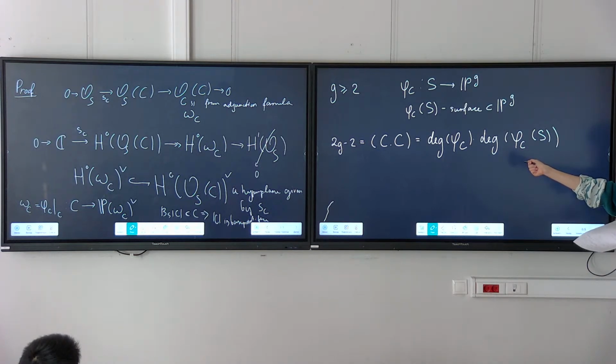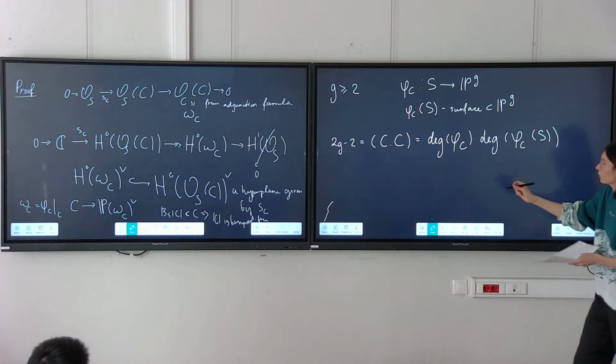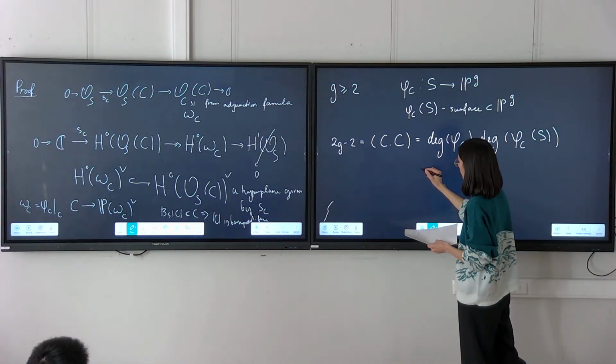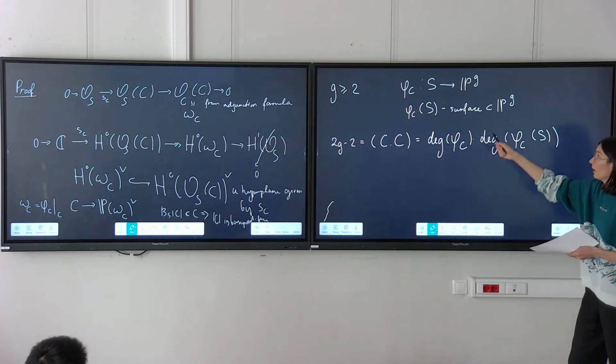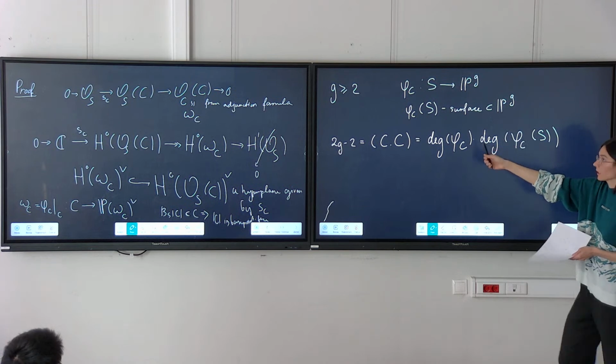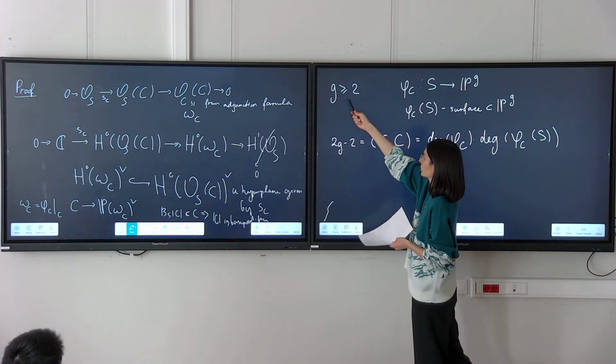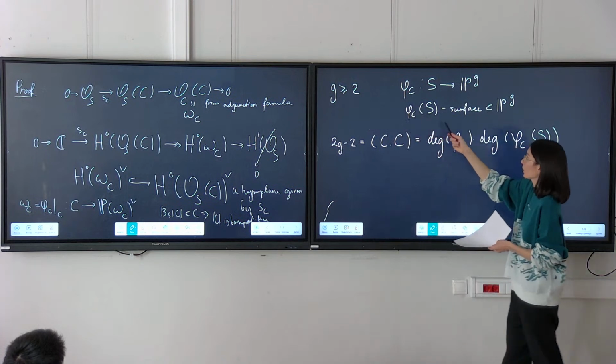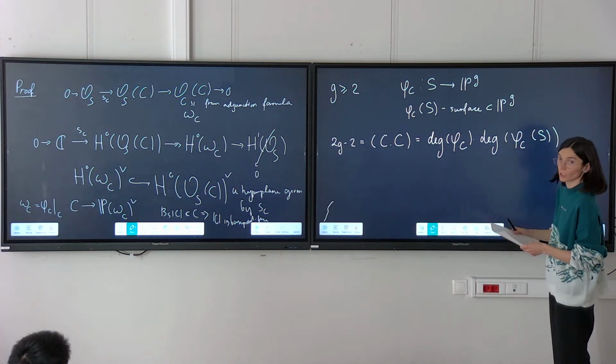Is the second line adjunction? What I mean is this statement: if g is greater or equal to 2, then we obtain that this is a surface inside P^g.